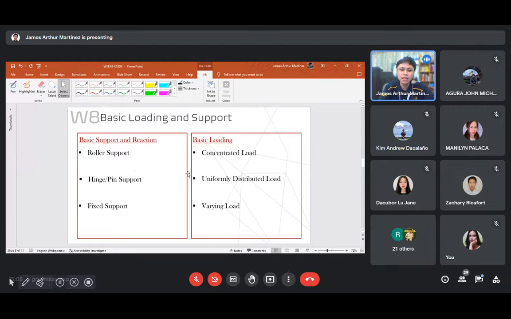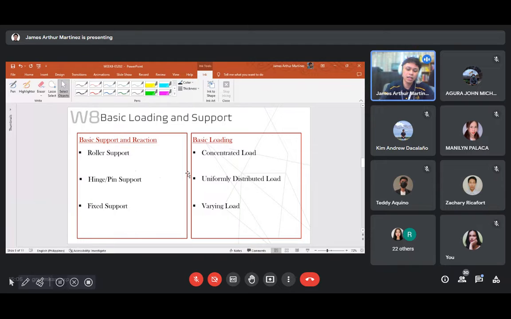Next is the basic loading and support. Actually, class, this topic should be introduced to you during your Mechanics of Deformable Bodies course or subject. However, since we will be dealing with supports and reactions as well as combinations of basic loading here in statics, I might as well introduce it to you as early as now.